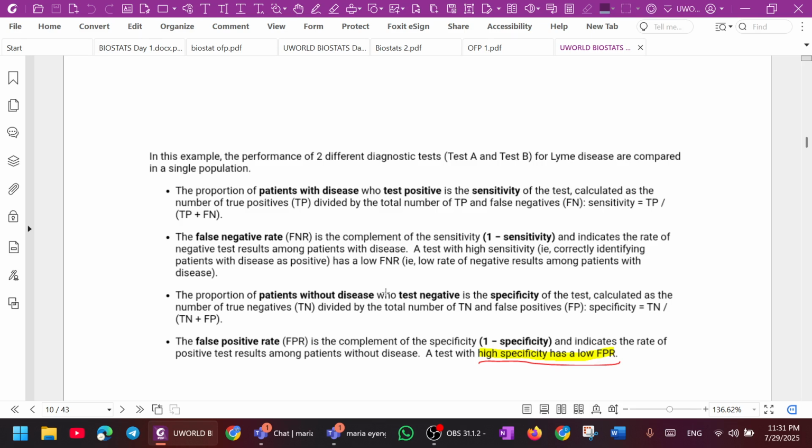The proportion of patients without disease who test negative is the specificity, calculated as the number of true negatives divided by true negatives plus false positives.